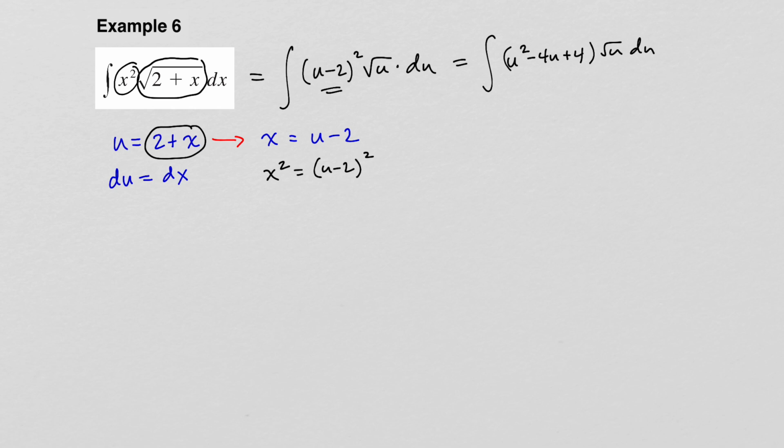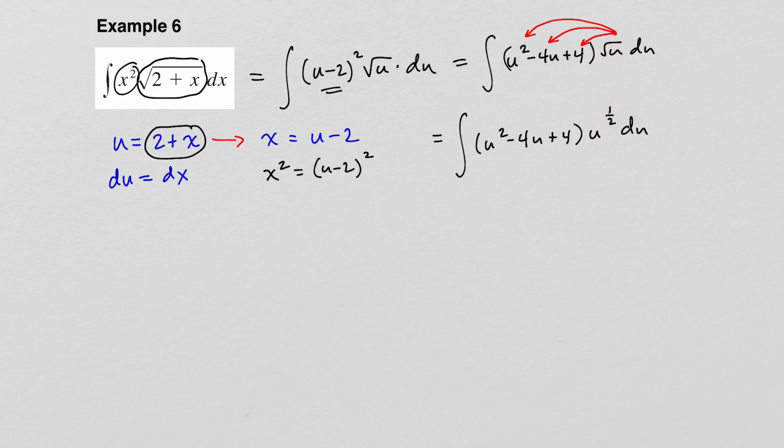And then we're going to take the square root of u and distribute it to all of these. When I do that step, we get u squared minus 4u plus 4 times u to the 1/2 du. Remember, when you multiply by a radical, you want to change it to a half power.